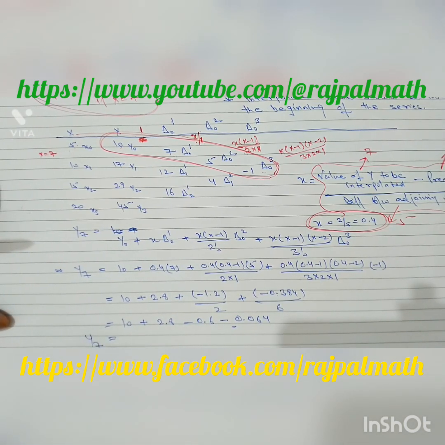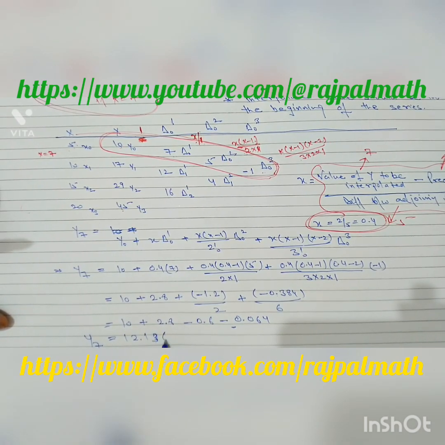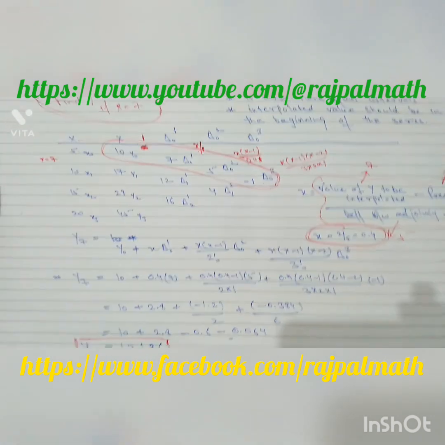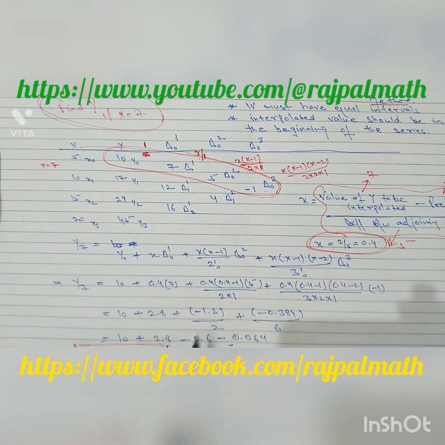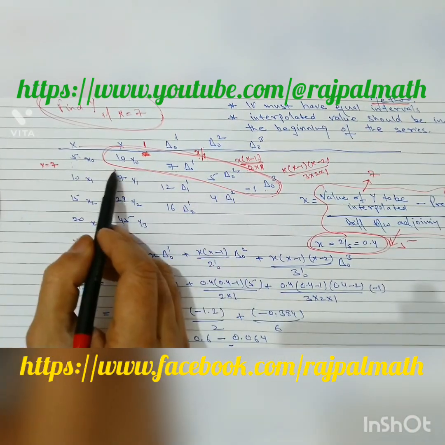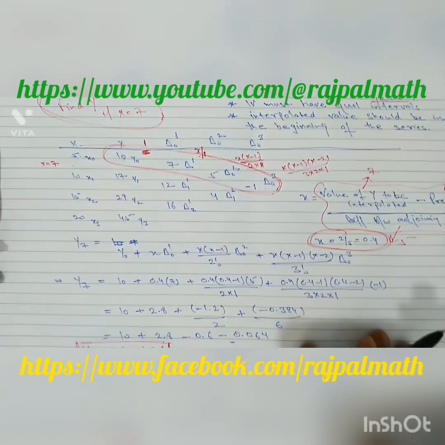Which implies y7 equals 12.136. So our value for x equals 7 is 12.136.